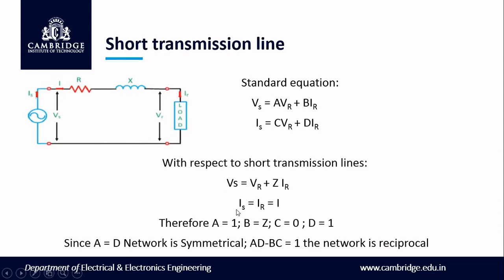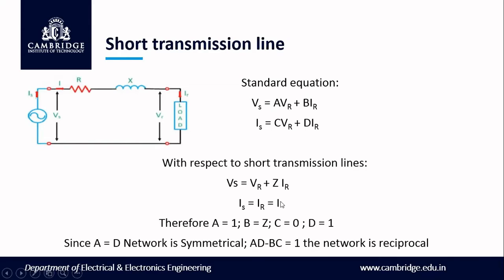So now compare this equation with the standard equation. The parameter, the coefficient of VR, that is A, is equal to 1 in case of this short transmission line, and coefficient of B is equal to Z, coefficient of C is equal to 0 because in your current equation there is no VR.